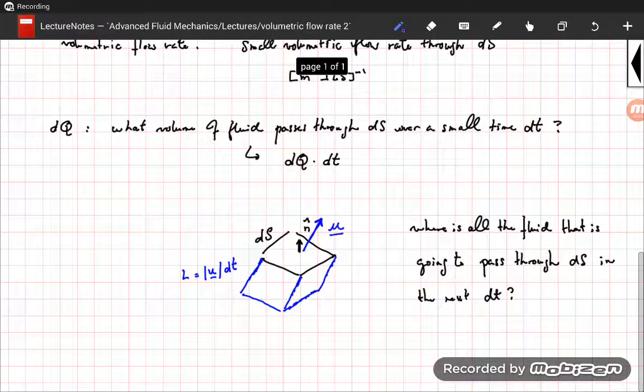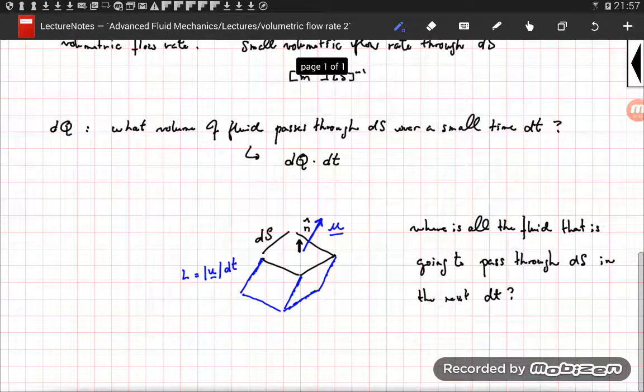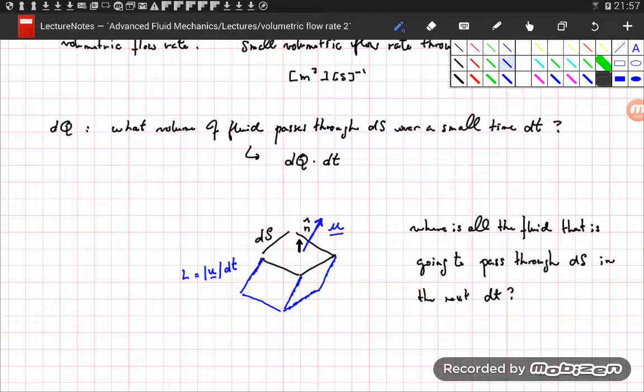And so what you see from this reasoning is that the volume of fluid which is passing through ds over the small time dt is actually this volume here, the volume of a prism which has a surface ds and which extends a length u times dt in the direction of u.